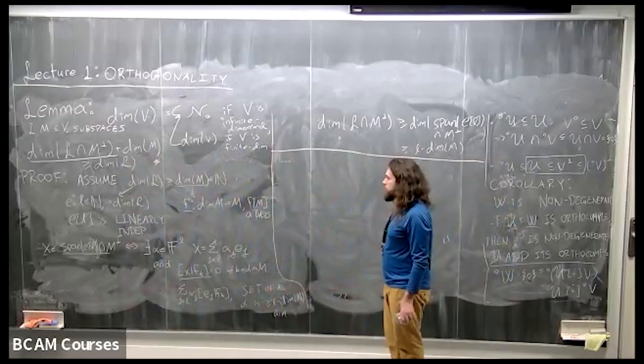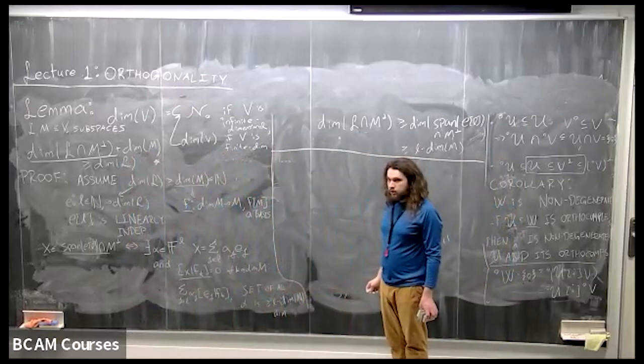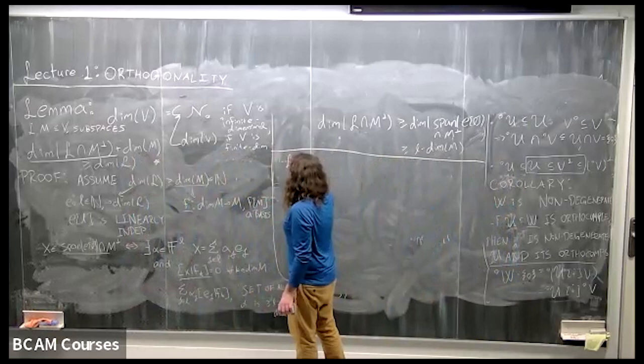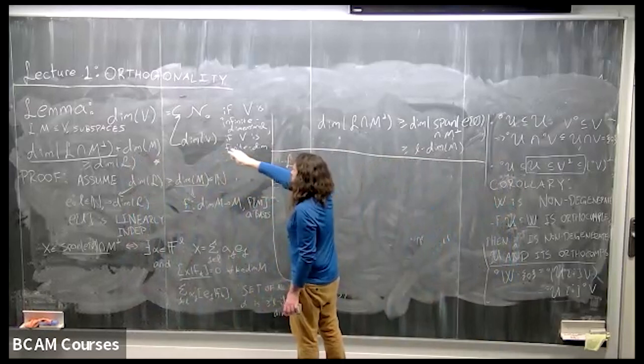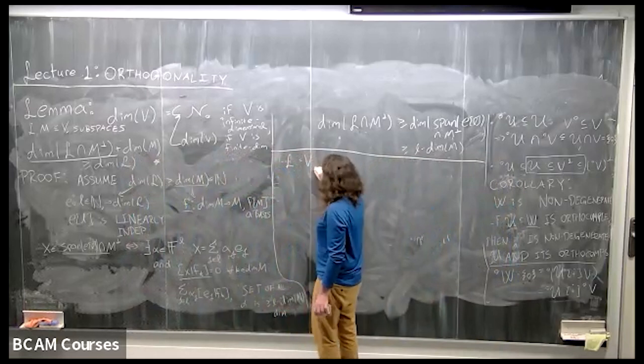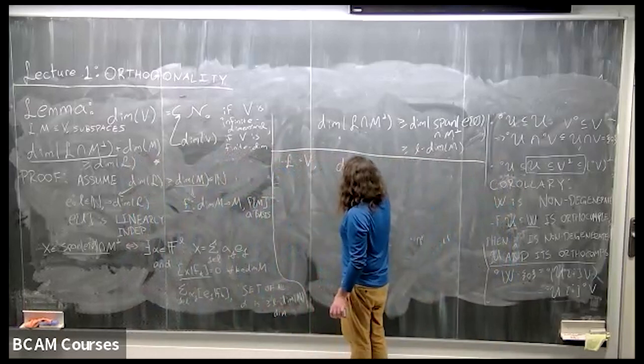And so the special case is we can get an inequality for just one subspace rather than two. So I can set L to be my entire space, which I call V there, in which case this reduces to this.